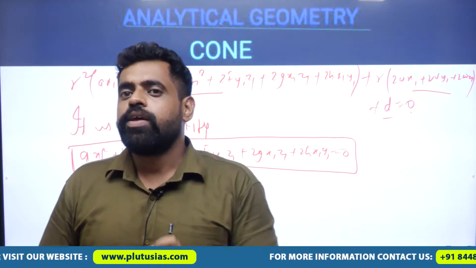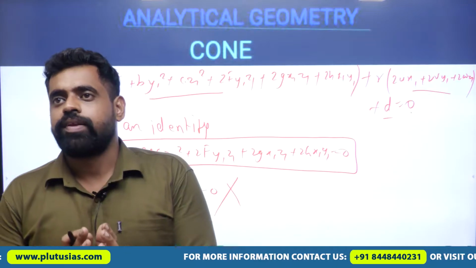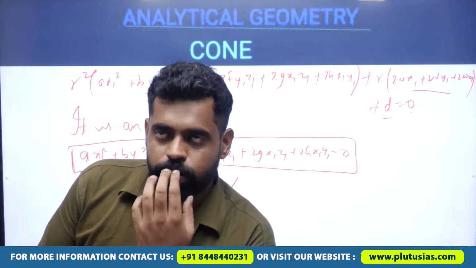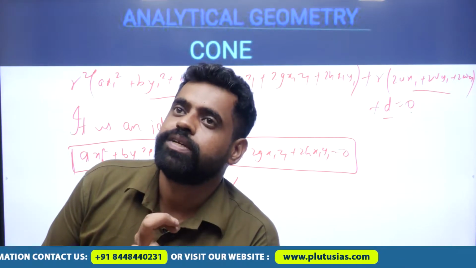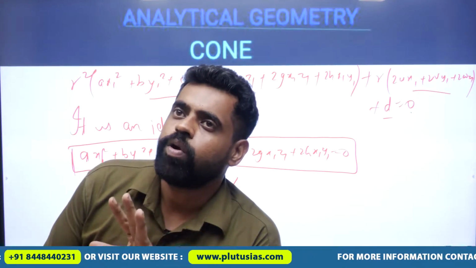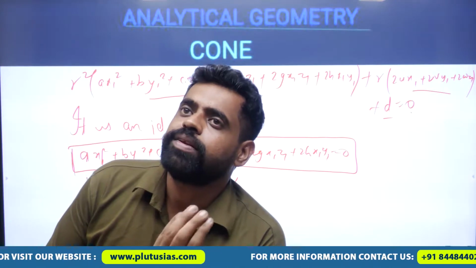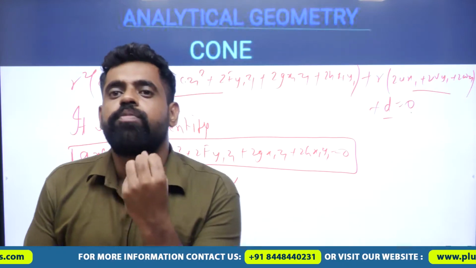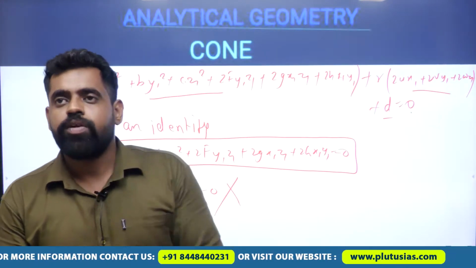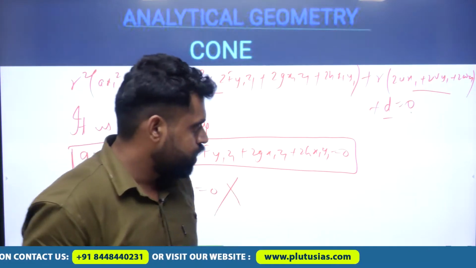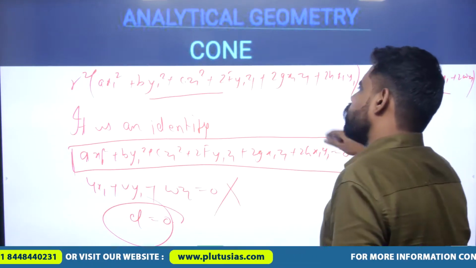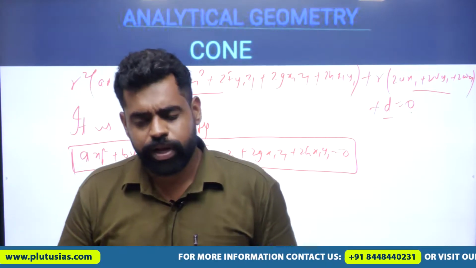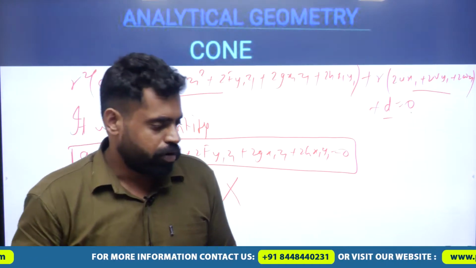The main thing is you must remember that if the vertex of a cone is at the origin, then it is a homogeneous equation, and if the vertex is not at the origin, then it may consist of other terms like terms of x, terms of y, and a constant; here d is 0. This proof is just for your conceptual understanding. None of these things would come in your examination.